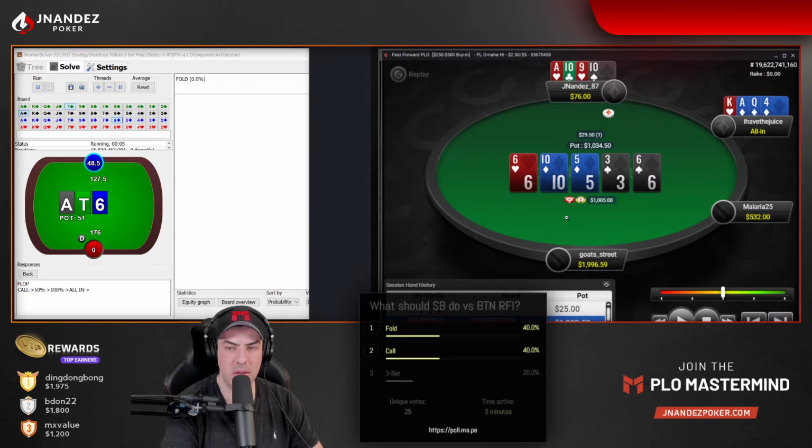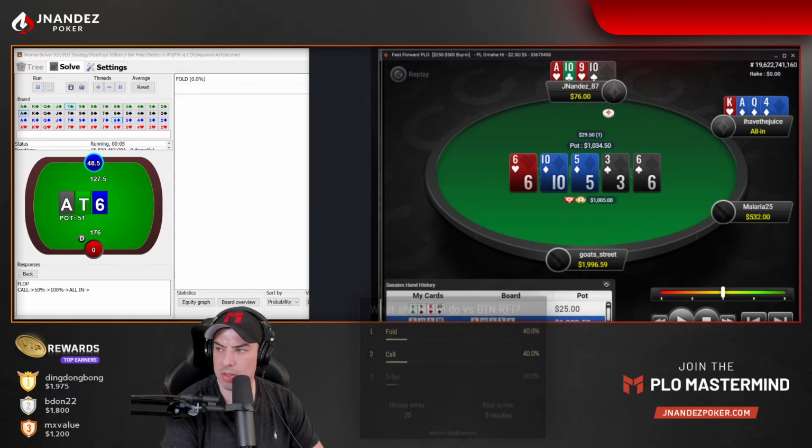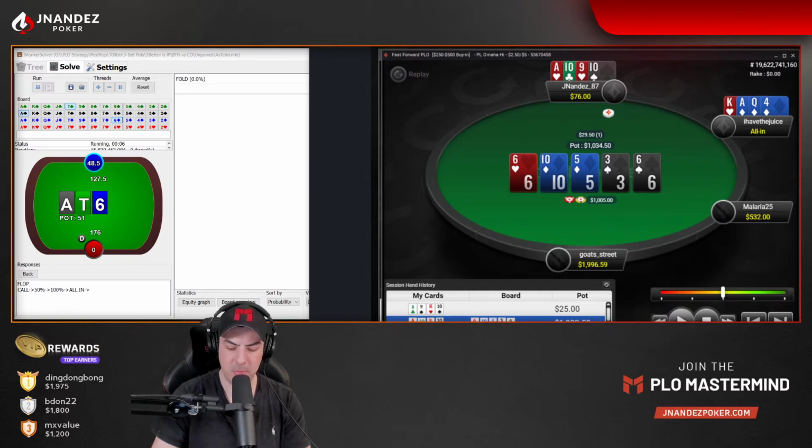So flop is 10-6-5. And I'm going to ask you guys, what is small blind supposed to do? What is small blind's strategy on the flop? And we have a few options.